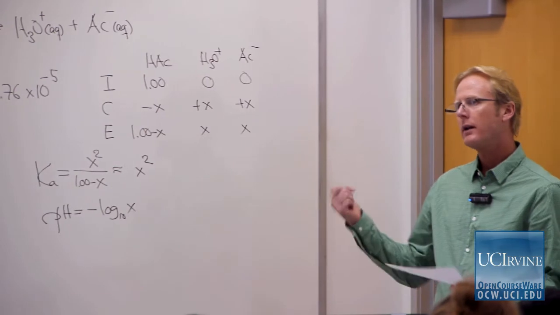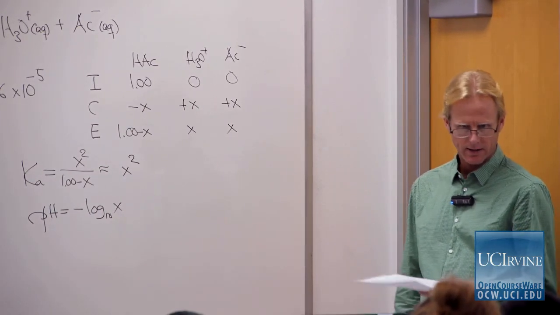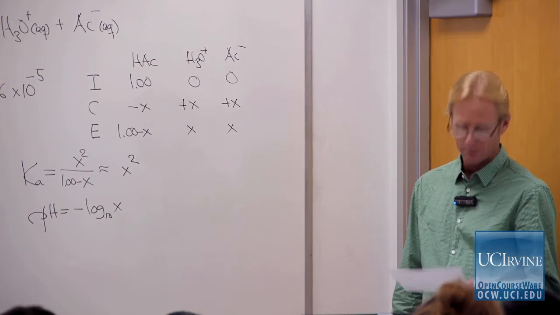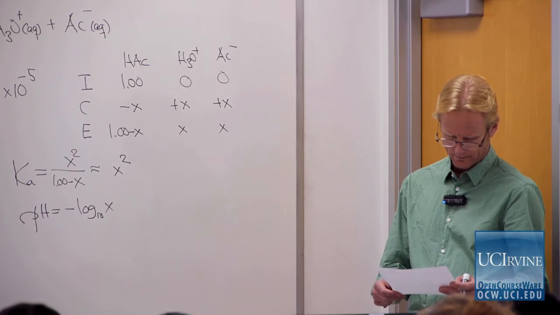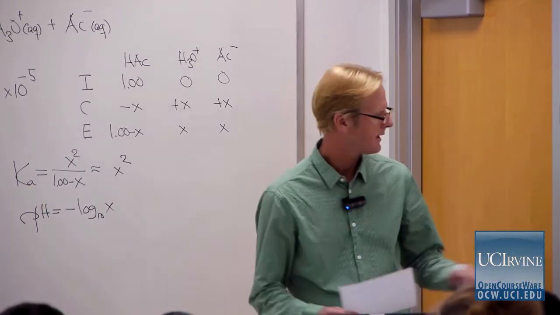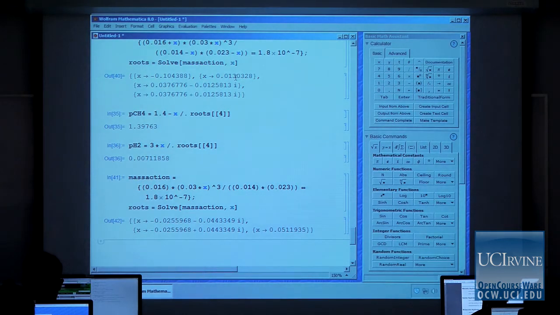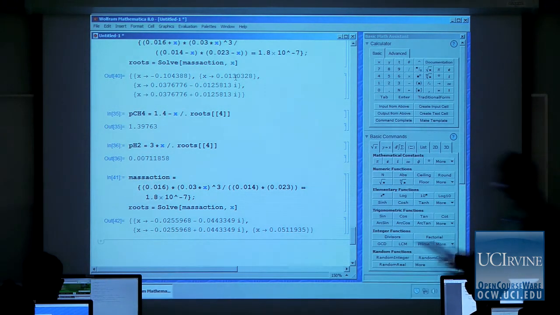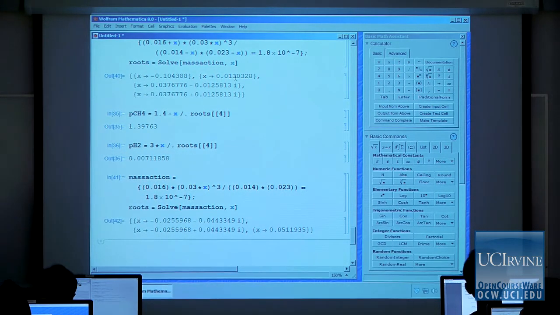So let's go ahead and we'll do this problem. We'll set it up in Mathematica. We'll do the calculation, and then we'll start playing around with it and see about this approximation. Okay? That's what we'll do right now. Okay.